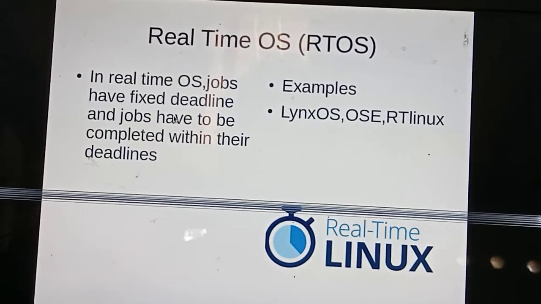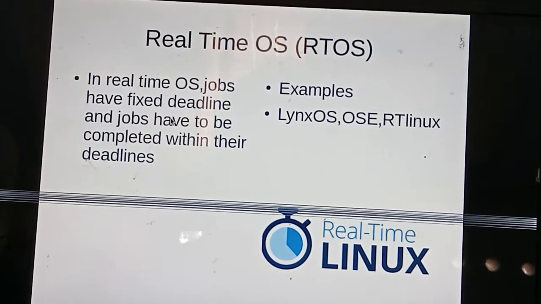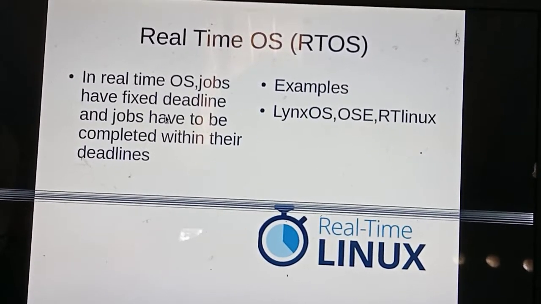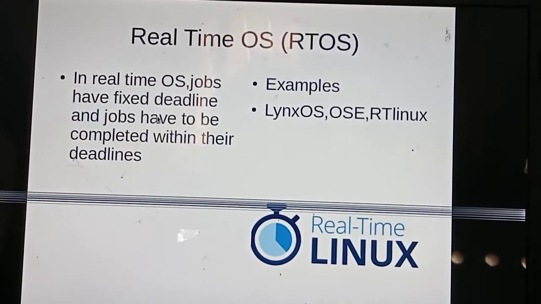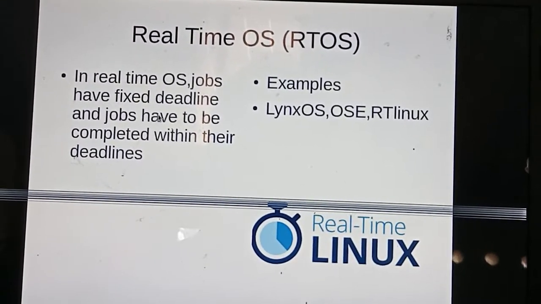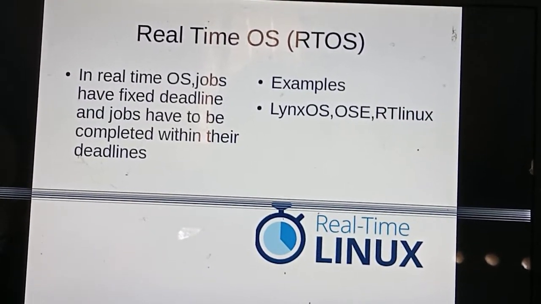That is, within the certain time, the program must be completed. Otherwise, it will not get time to execute again. That is called a deadline. Within that certain time, the processor must complete the program. That is called a job.